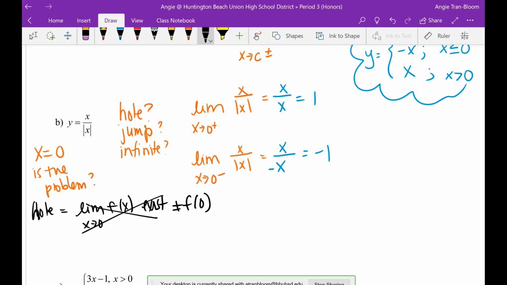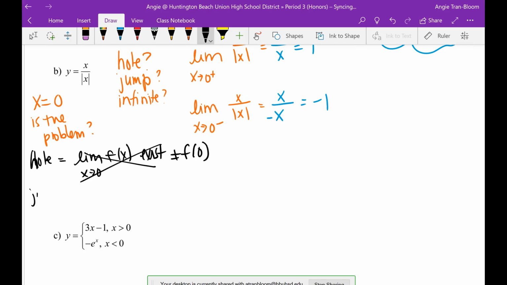A jump? What's the definition of a jump? When x approaches 0 of f of x, does it exist or not exist? Does not exist. Hole? Read it again. Does it exist? No. Does not exist. Okay.